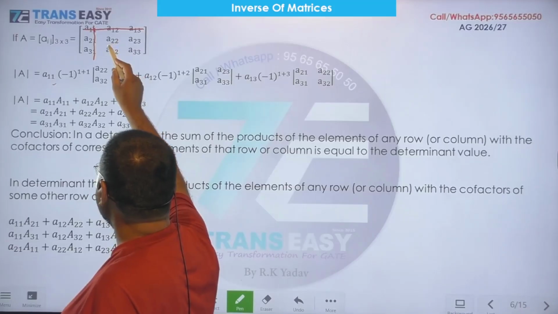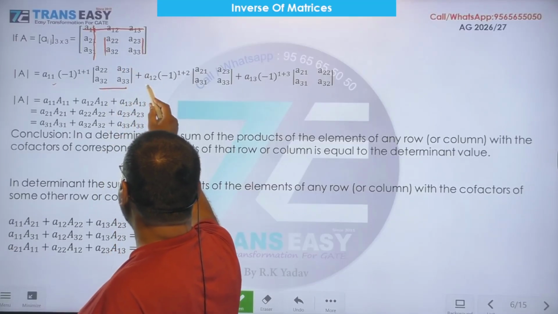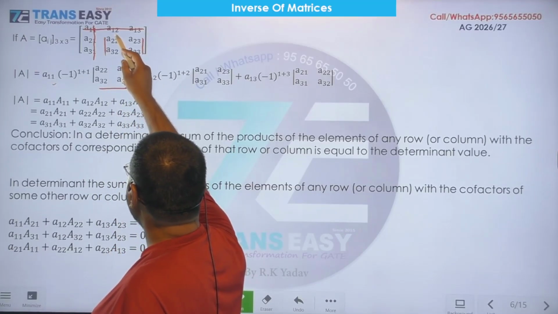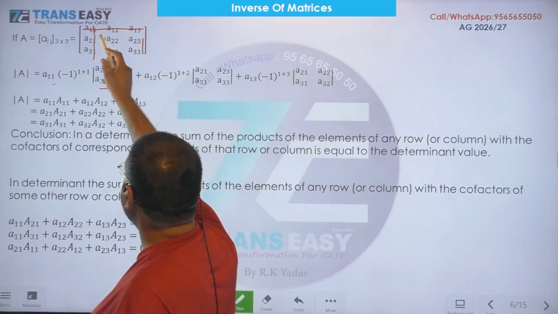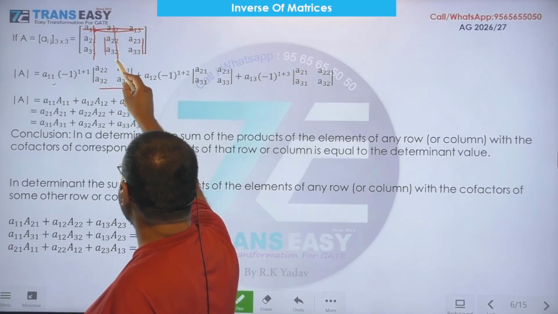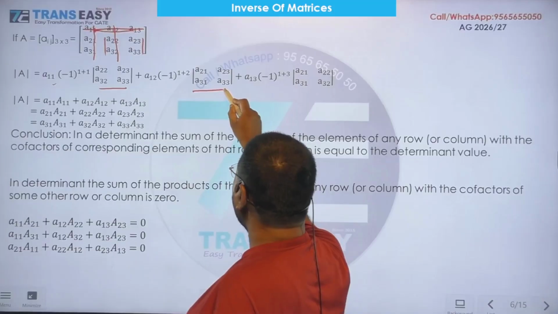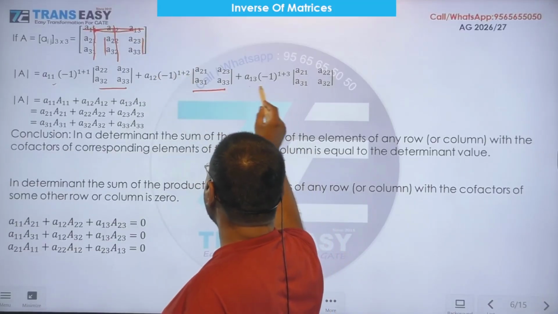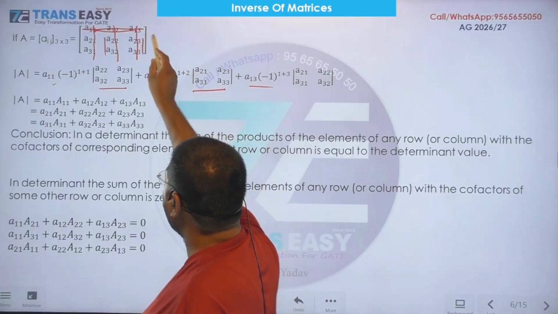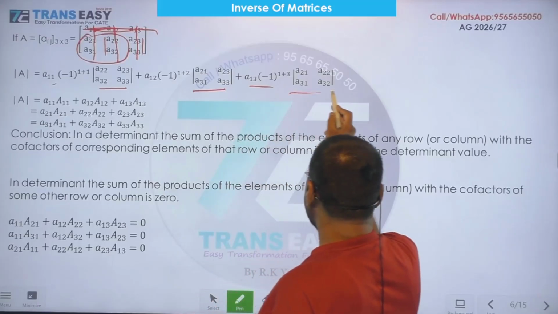We get a determinant of order 2 by 2, right? Plus a12 into -1 raised to the power 1 plus 2, leaving the row and column passing through this element. This is a second order determinant. Plus -1 raised to the power 1 plus 3 times a13, leaving the column and row passing through this element. So this is a second order determinant.